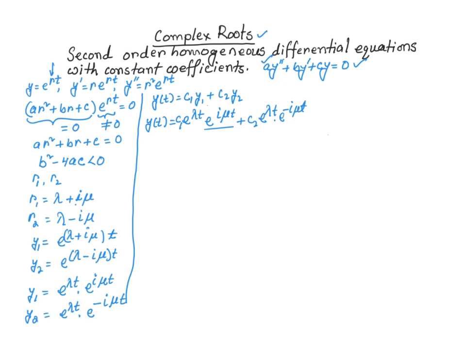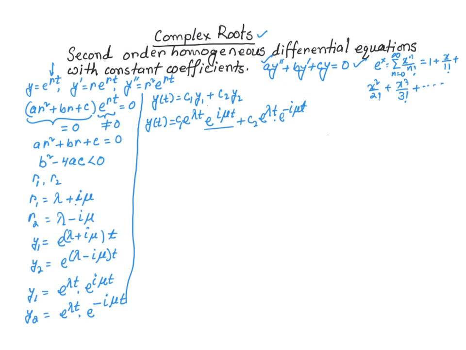Let me remind you of something that you have seen. Remember, e to the power x is equal to the summation from n equals 0 to infinity of x to the power n over n factorial. If you write it out, this gives you 1 plus x over 1 factorial plus x squared over 2 factorial plus x cubed over 3 factorial plus dot dot dot.